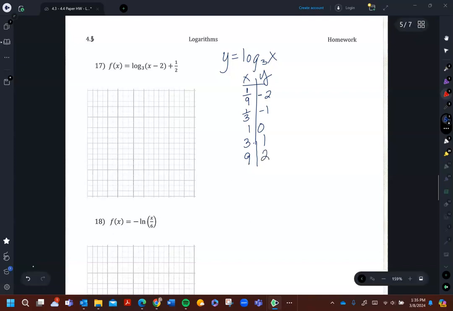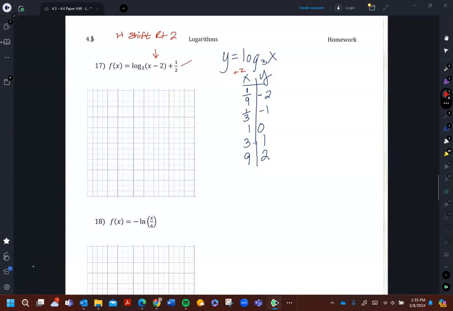Then I have to look at what my transformations are. So I have an x minus 2 in there. So that means I have a horizontal shift right 2 units. That means I'm going to add 2 to all my x values here. So it's going to always be plus 2 on those.